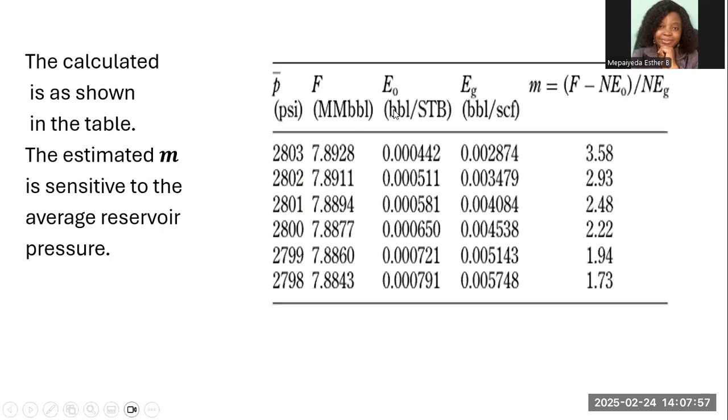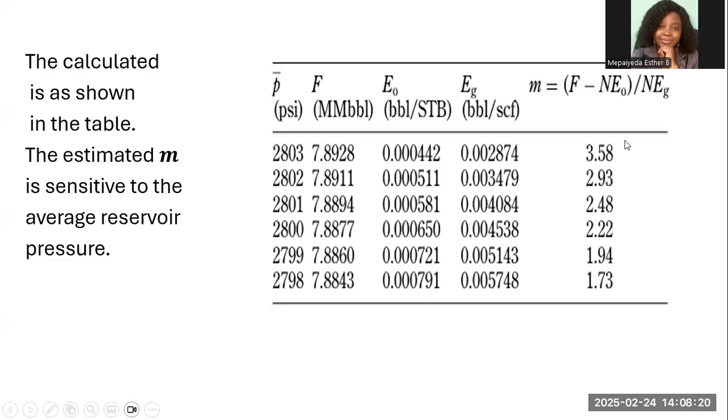But here, you can understand that your m reduces with pressure. As your pressure reduces and production progresses, you have your gas cap equally reducing, the gas cap size reducing.